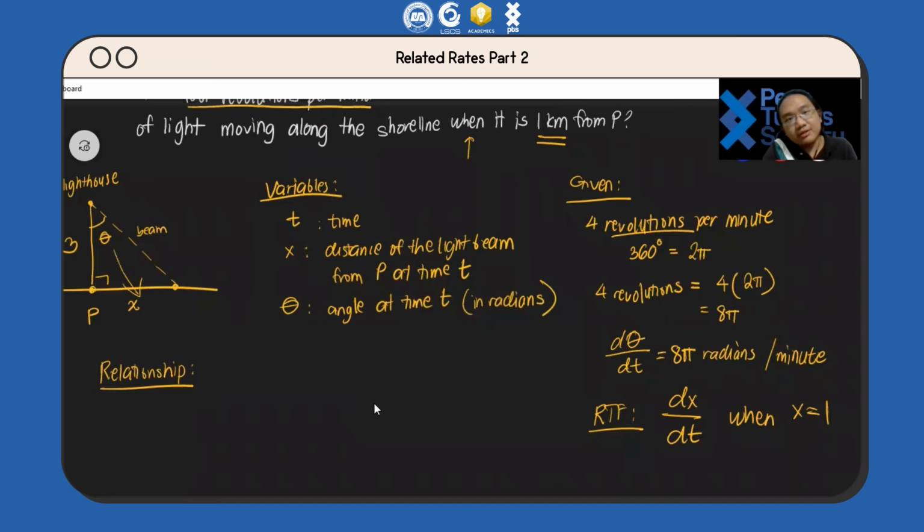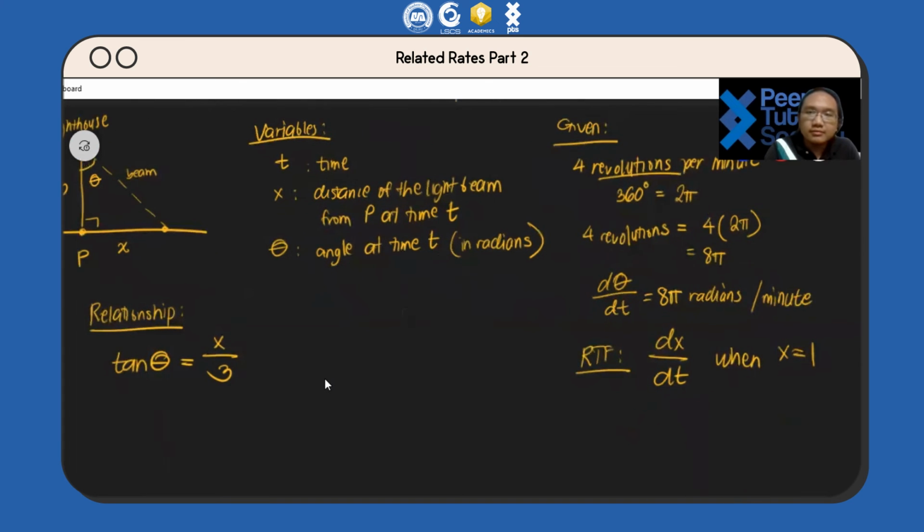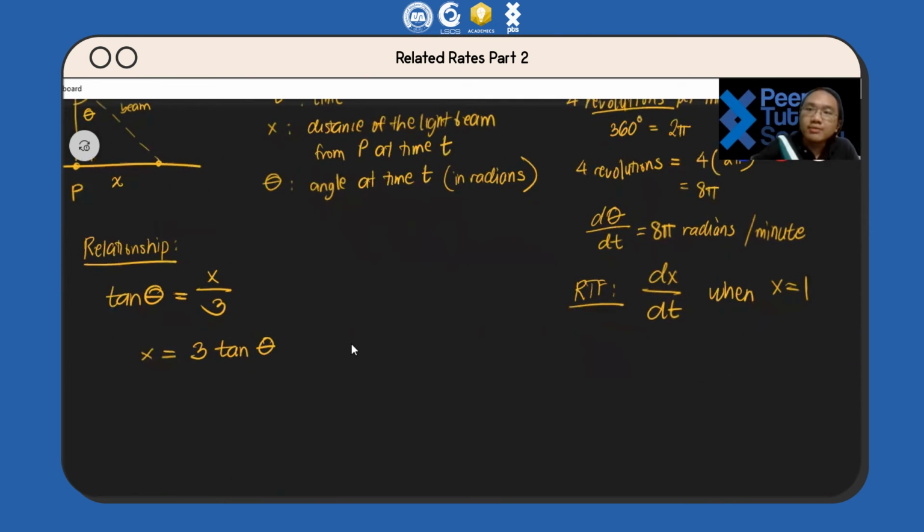SOHCAHTOA. So that means we are using tangent. So tangent theta is equal to x over 3. Cross multiplying, x is equal to 3 tan theta. We perform implicit differentiation in this problem with respect to time.